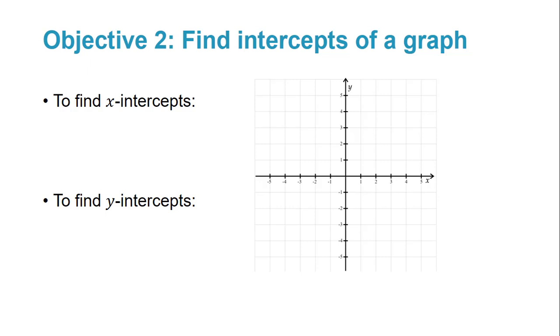So first off, what are x-intercepts? X-intercepts are the points where the graph crosses the x-axis.